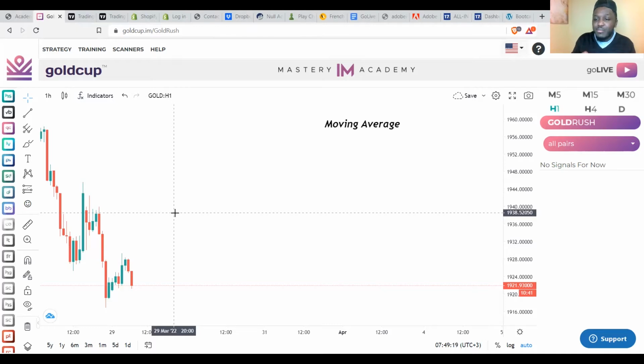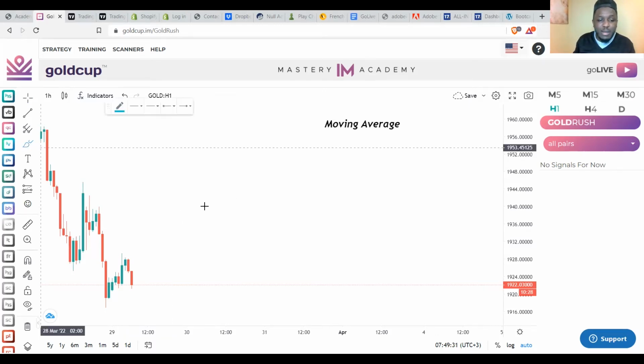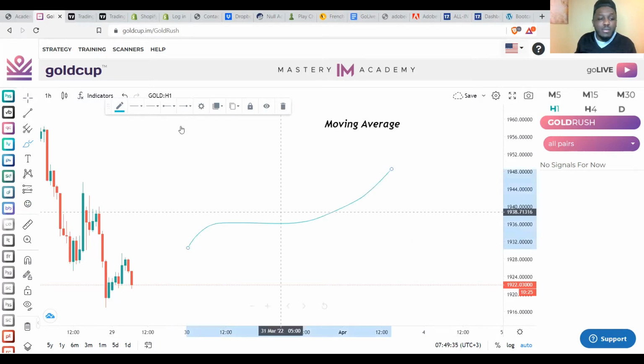Now, moving averages. Why moving averages? Moving averages will help us identify the direction in which the market is moving. What do I mean by that? A moving average is going to look something like this. Okay, maybe make it bigger. There we go. It's going to look something like that.